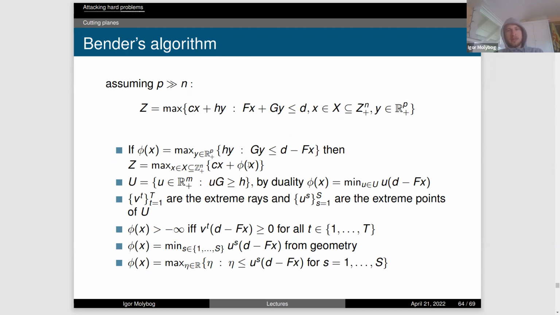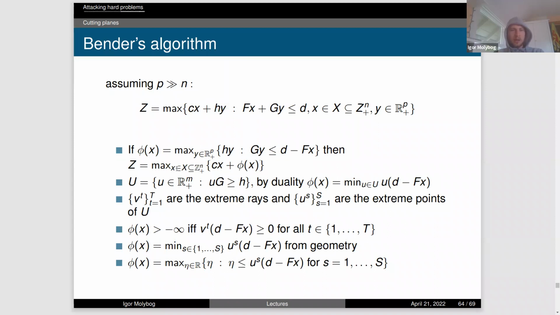Basically, if a particular y brings a particular value to hy, then the same y will be feasible for this problem over here, and it will bring the exact same value of hy to this problem, and therefore phi of x will take at least the same value of hy as it was over here.